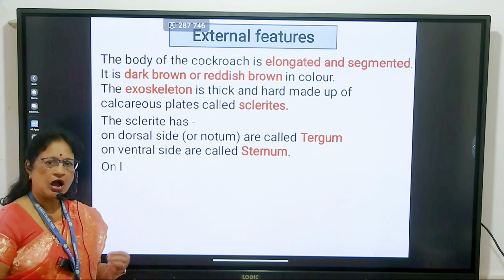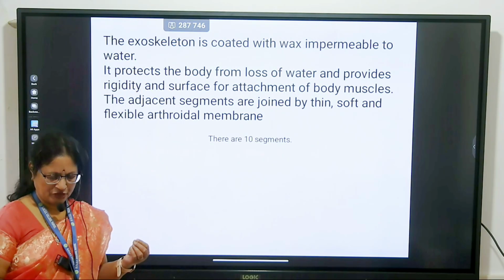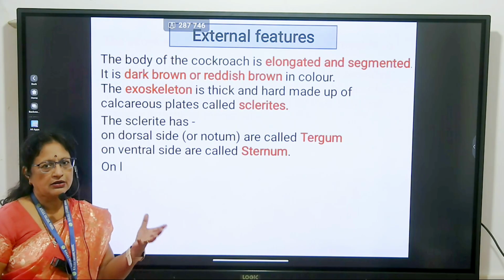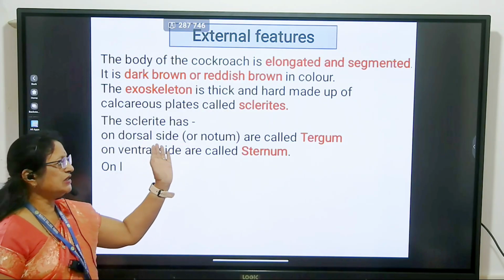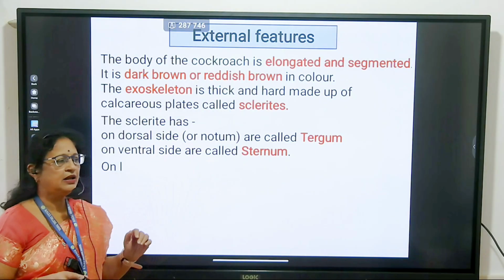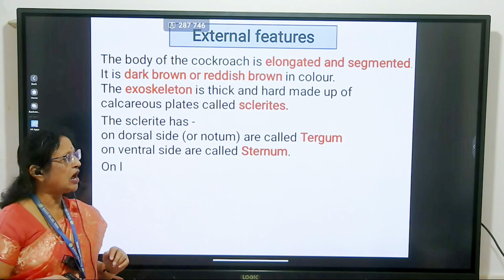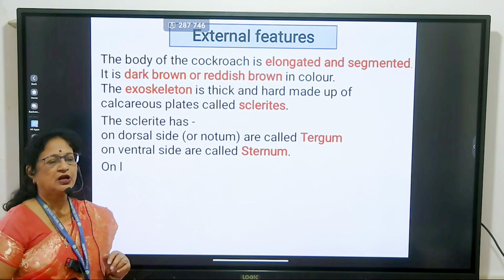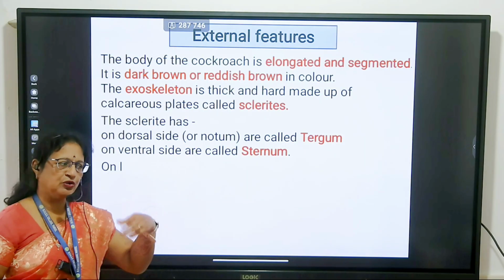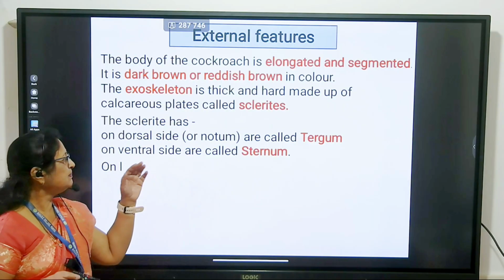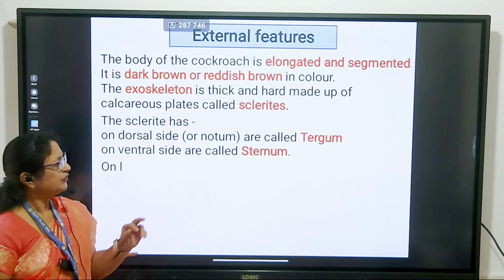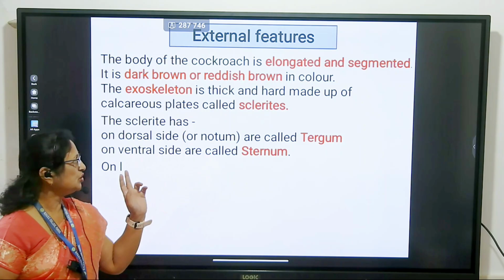Now, of these 6 calcareous plates, two plates are present on the dorsal side. These dorsal plates are called tergum, singular tergum, plural terga. Two plates present on the ventral side are called sternum.